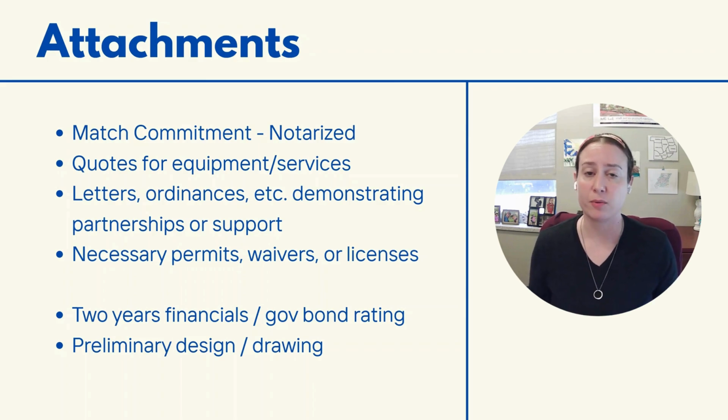A government bond rating is usually easier to receive from our municipal or county applicants because their financials are extensive. And then for construction projects, a preliminary design or an engineering drawing to demonstrate that you understand the scope and there's some basis for this plan.